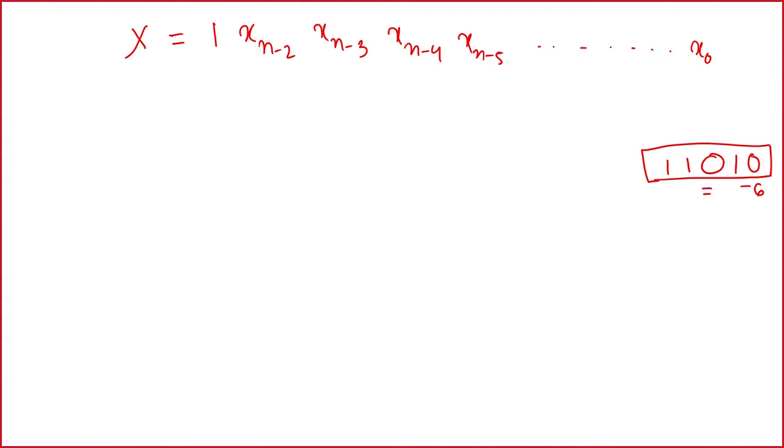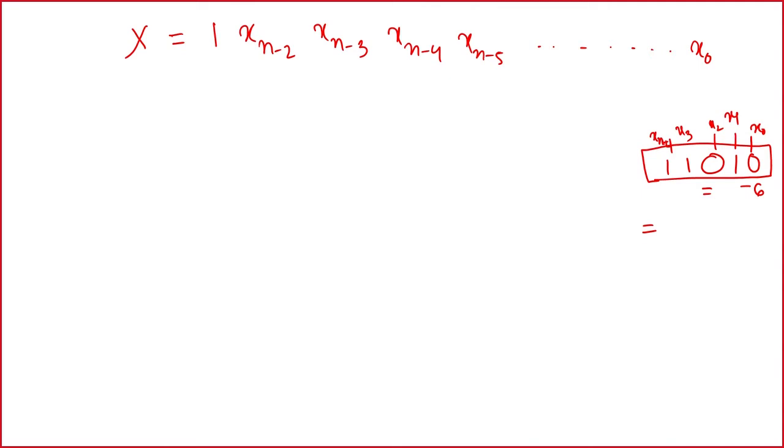So, this is x 0, this is x 1, this is x 2, this is x 3 and this will be the x n minus 1 bit, because the number of bits is 1 2 3 4 5, starting from 0. So it will be the x 4 bit. So x 0, x 1, x 2, x 3 and x 4.